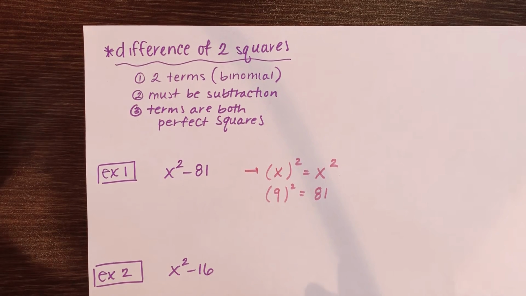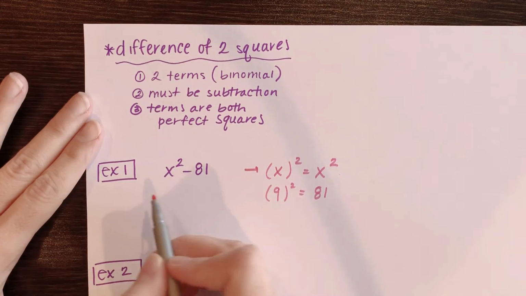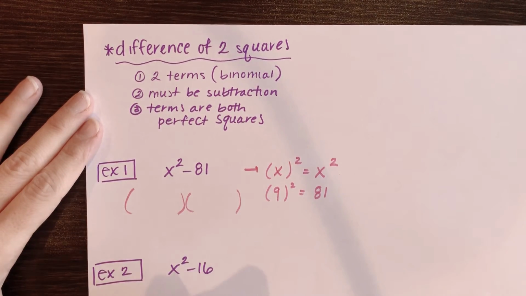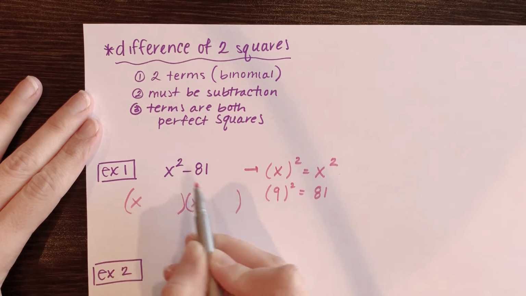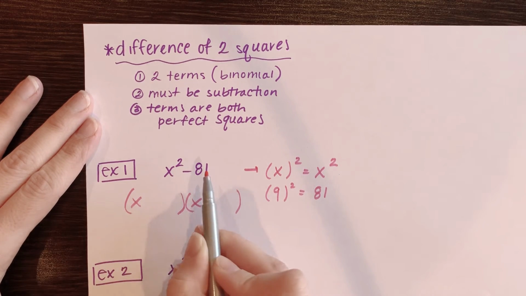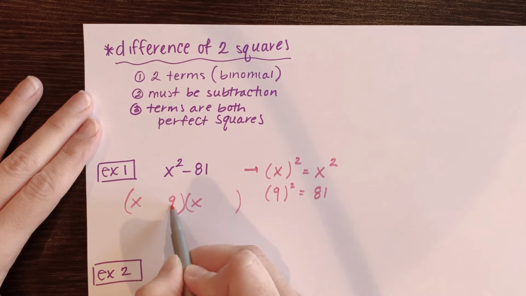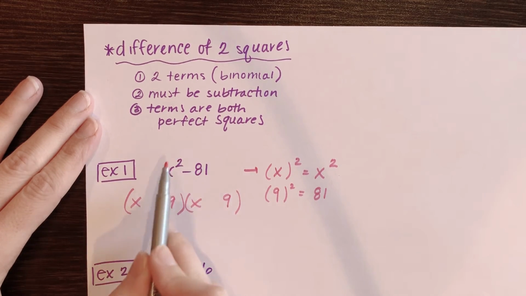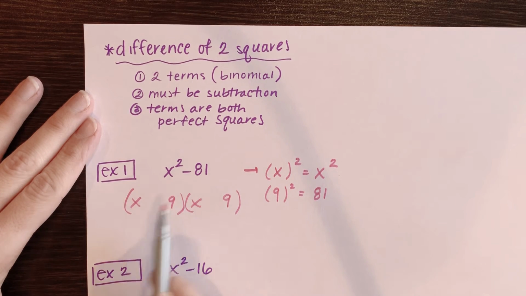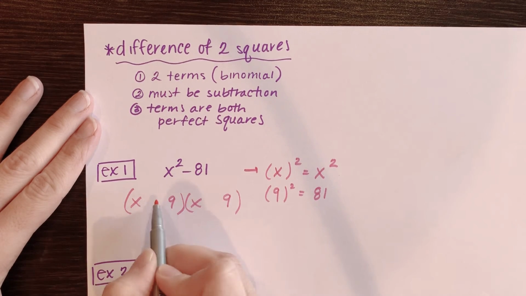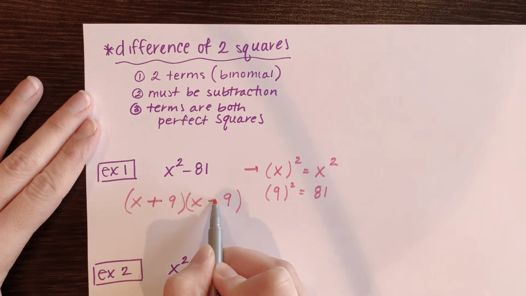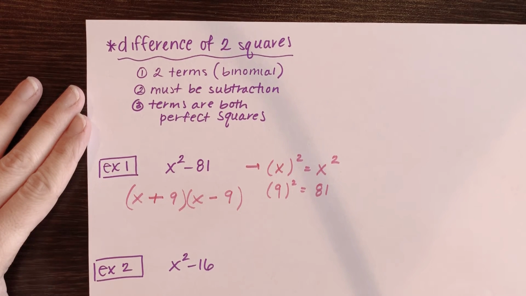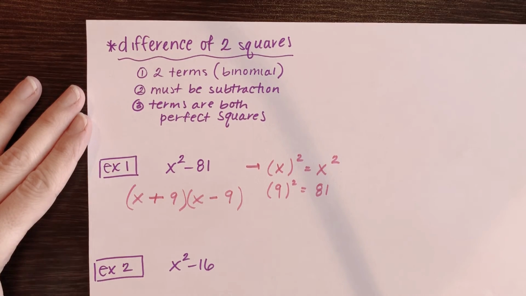So how does it factor? Let me think back to my warm-up. Double bubble, x and x is going to give me that x squared. What's going to give me the 81? 9 and 9. But how is it going to be that I'm only going to get these two terms when I double distribute? Well, if I have one of them as a plus and one of them as a minus, that's going to make my two terms in the middle cancel, my like terms.